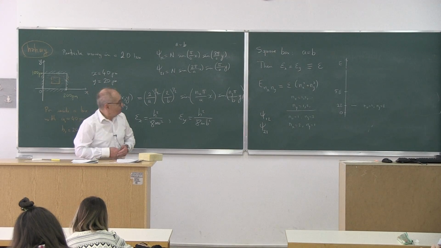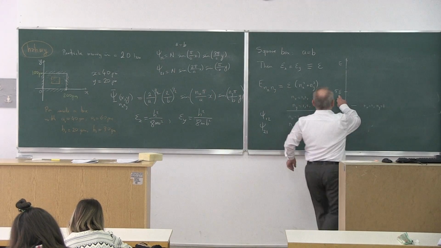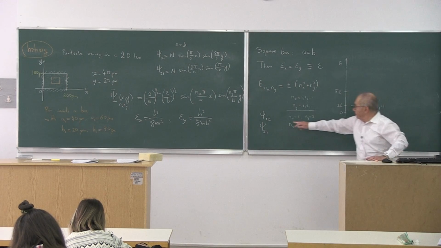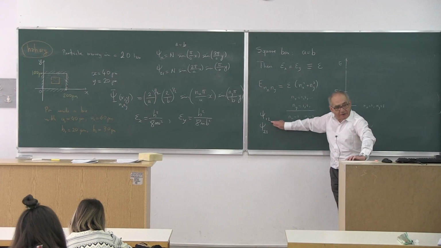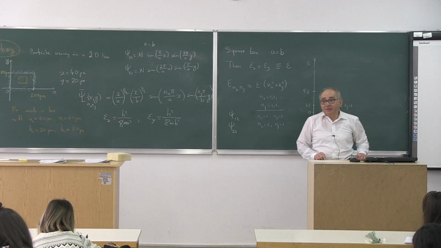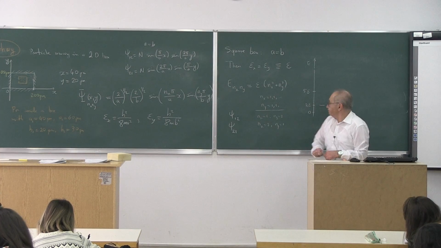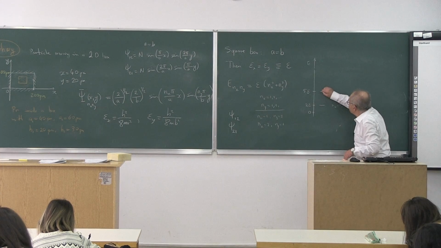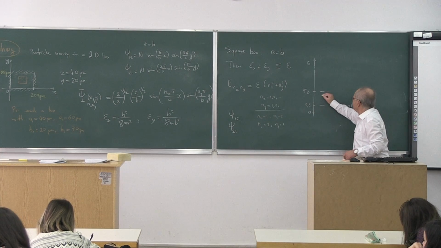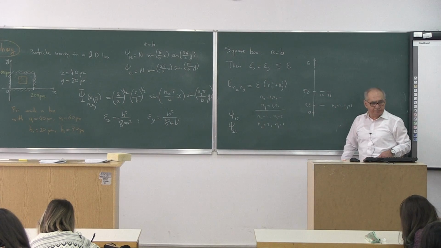In other words, even though the energy values are the same, 5 Fs, the state functions are different. This is called degeneracy of the energy level. So we indicate by 2 dashes here. This is, say, 1, 2. This is 2, 1.